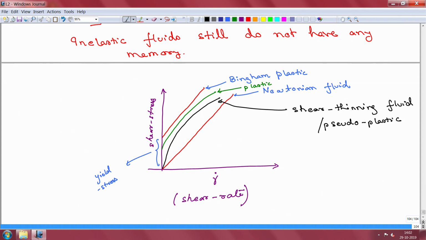You can see that in the shear thinning fluid there is no yield stress. So, it is actually behaving exactly like a fluid, but the shear stress is decreasing with higher shear rates. So, effectively the viscosity is decreasing with that.